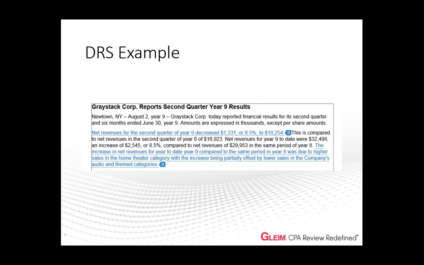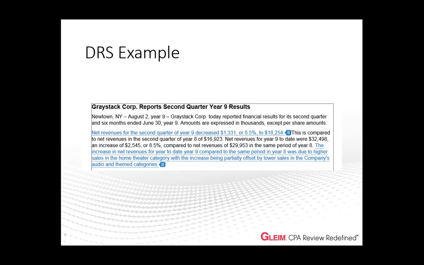Okay. So let's go through this Graystack press release step by step together so that you know how to approach the DRS. This paragraph has our first 2 highlighted items. Notice the icon to the right of each underlined portion, a little blue dialog box off to the side. What that means is you've not yet answered the item.